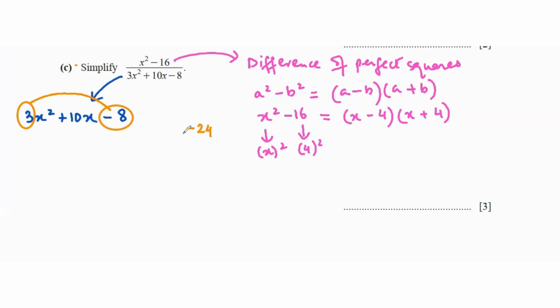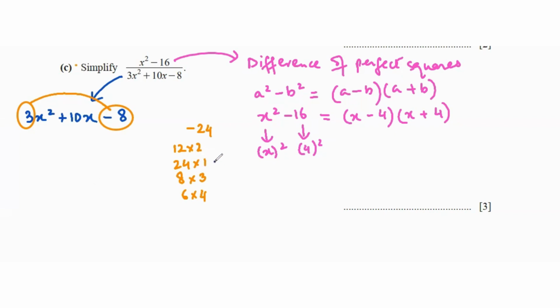So now factors of negative 24 are 12 times 2, 24 times 1, 8 times 3, and 6 times 4. Now from this list of factors, we have to pick that pair which when added or subtracted gives the middle term, 10x.